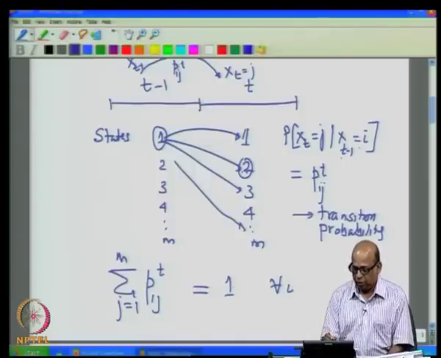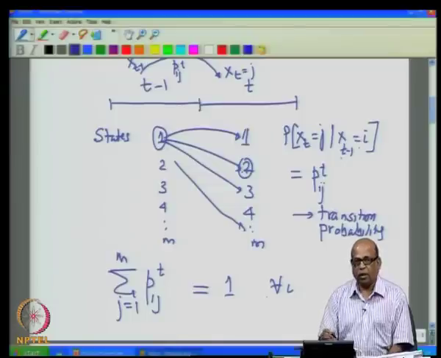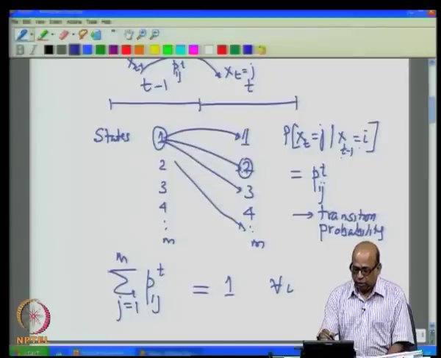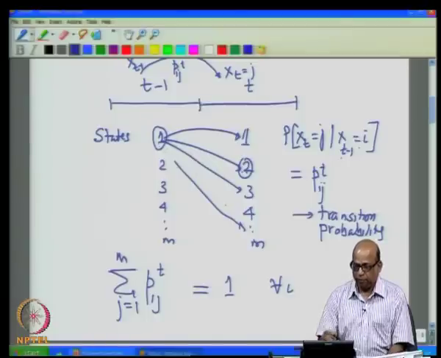That is, for each of these i, this condition has to be satisfied. And therefore, associated with each of these class intervals i, we have the p i j t's defined from time period t minus 1 to t.